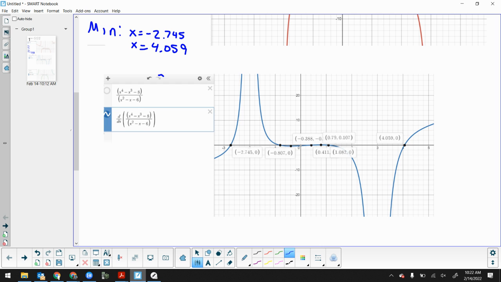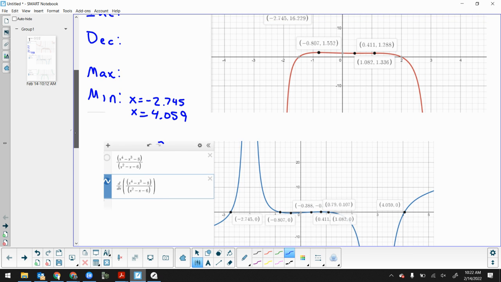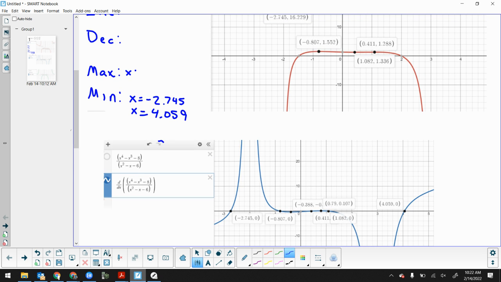I see an x-intercept of negative 0.807. Now, how do I tell whether that's a minimum or maximum value? It's going from above the x-axis to below the x-axis, which means it's going from increasing to decreasing, from positive to negative. If it goes increasing to decreasing, that's a maximum value. A maximum value at x equals negative 0.807, which makes sense.